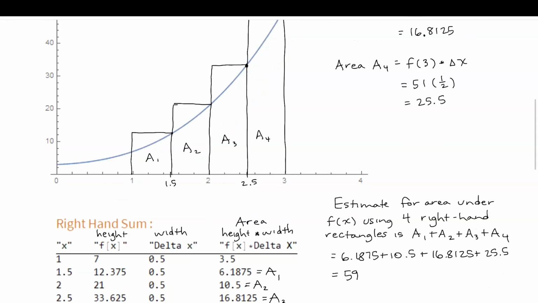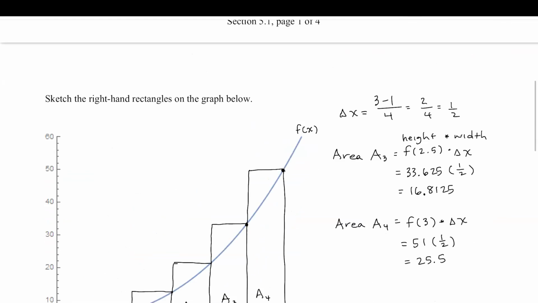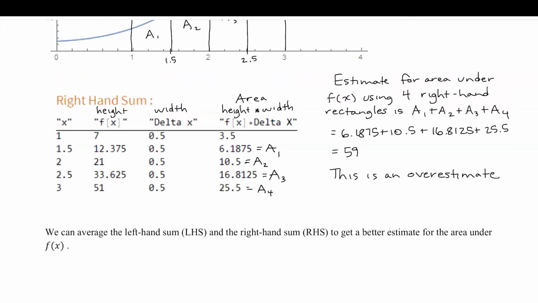So that is extra area. So this is an overestimate. So the true area under the curve is somewhere in between what we got previously, 37, and this 59. So maybe what we should do to get a better estimate is take the average.